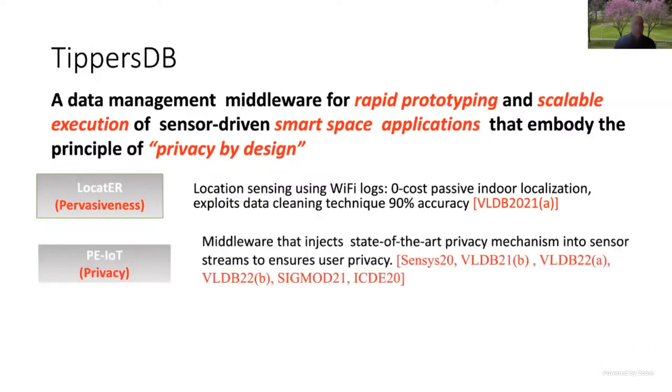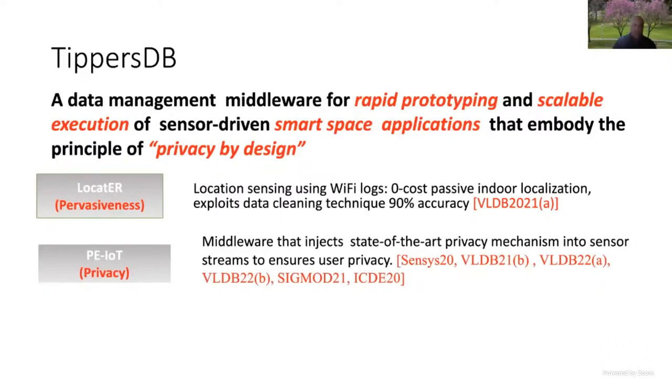The next technology is PIOT. This is essentially middleware technology for privacy. The idea here is that whenever data flows into the system, into TPSDB, or goes out of TPSDB to applications, it is subject to being injected with privacy technologies.